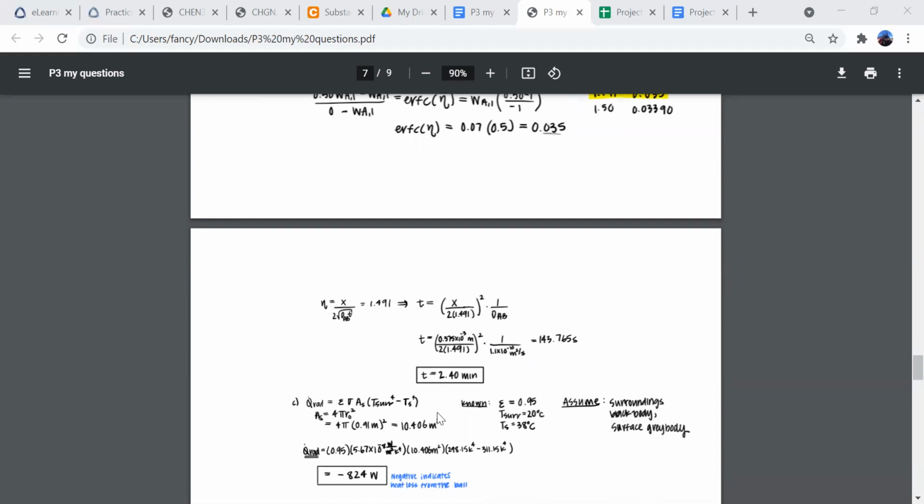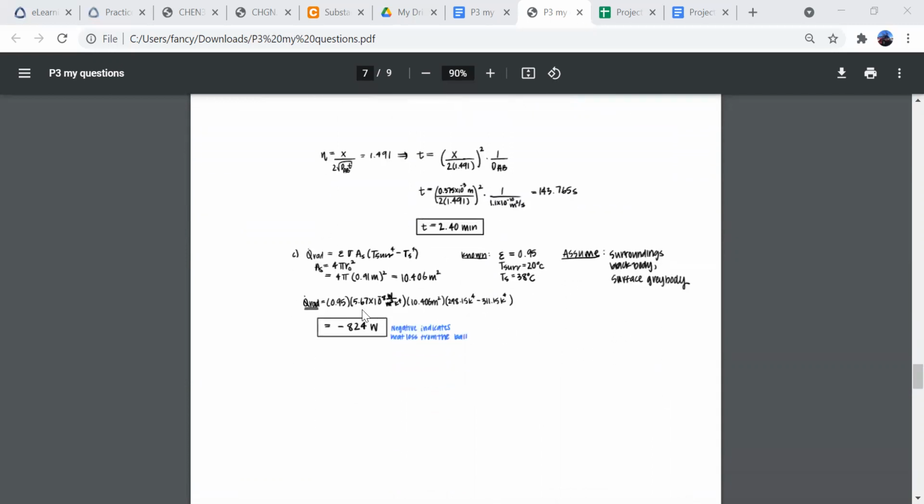For part C, this is where radiation heat transfer shows up, because you have a hot ball being brought into a colder surrounding room, and so some of the heat from the ball is going to radiate into the room, and we can assume that the surroundings are a black body and that the surface is a gray body, and so we can use a simplified radiation equation.